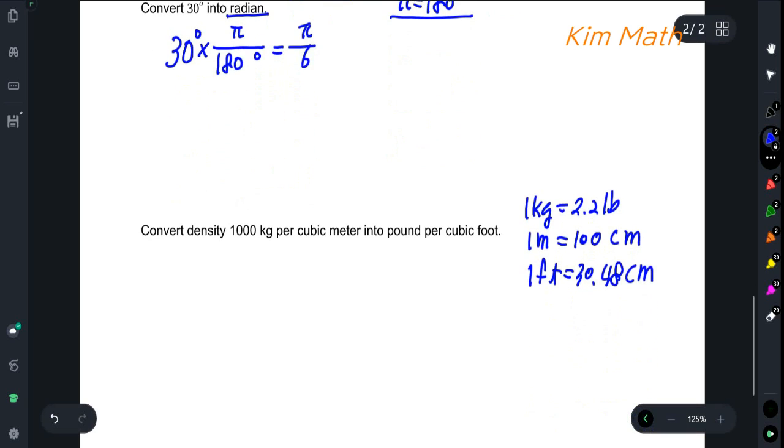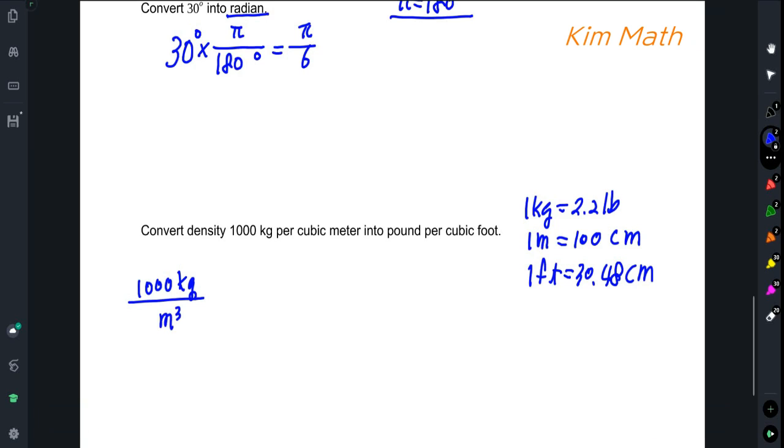Okay, last one. Convert density 1000 kilograms per cubic meter into pounds per cubic feet. Wow. You have a headache? Okay, let me copy. 1000 kilograms per cubic meter, right?